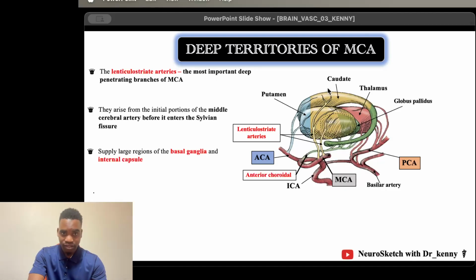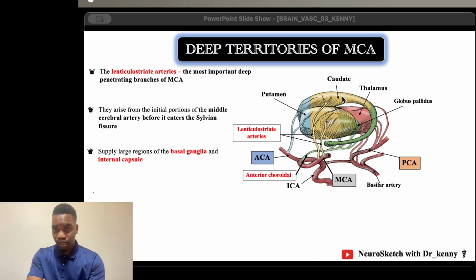At least this part of the lentiform nucleus and the striatum, because you remember this bluish part was supplied by the anterior cerebral artery. Remember, we have to go back to the previous video, where it supplied this part of the deep territories within the basal ganglia.